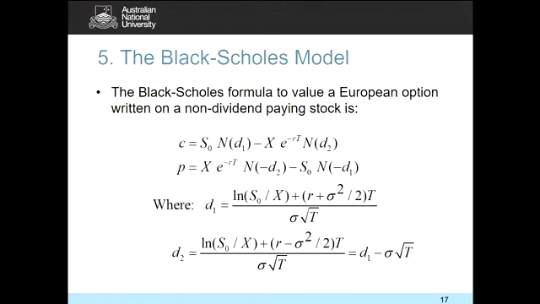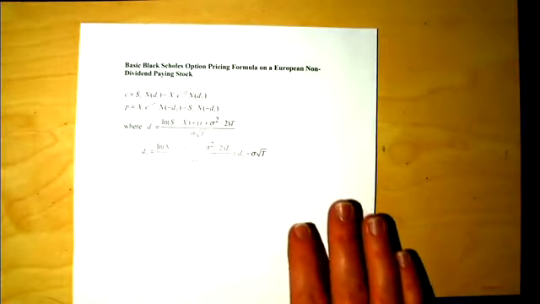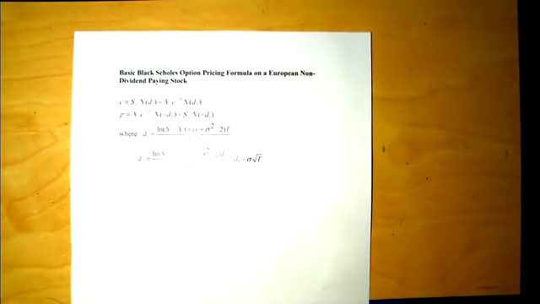Okay, so here is our Black-Scholes formula. So the good news is you get this in your final exam. This is a page from a final exam.